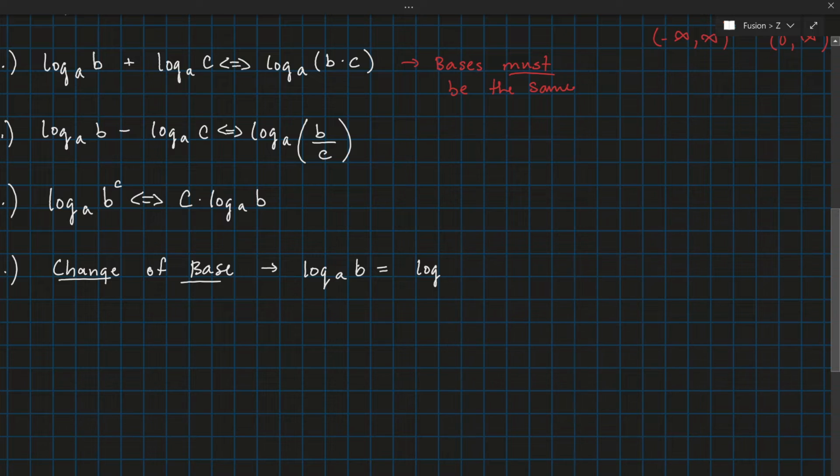Since it's base 10, we don't actually write the base. So log B over log A. Now, it doesn't have to be log base 10. You can do any base here. It doesn't matter. But you'll want to do either base 10 or ln, because those are the only two that are generally in your calculator.